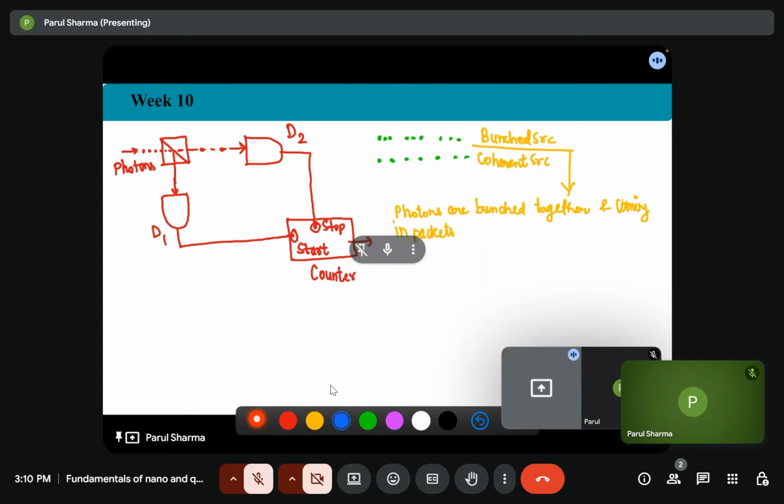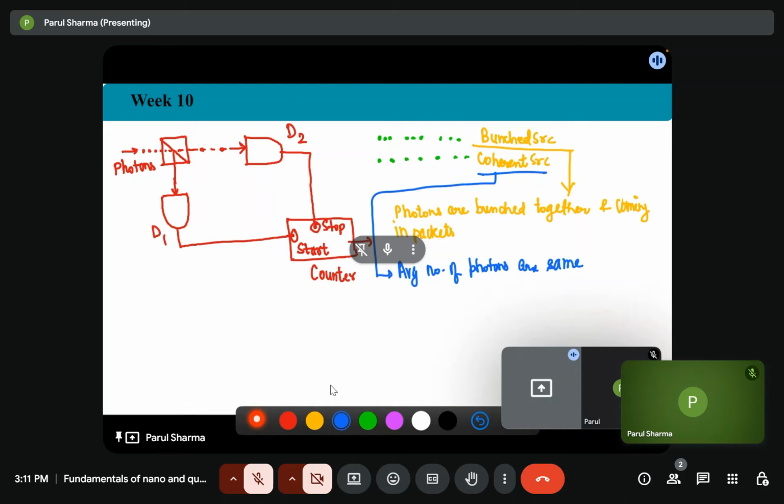Whereas in the coherent source, the average number of photons is the same, but at some points a photon comes at random.